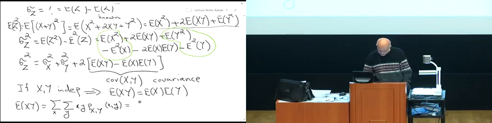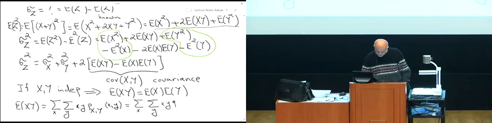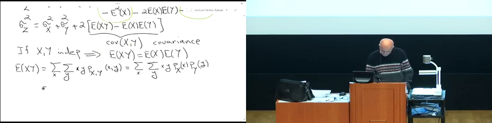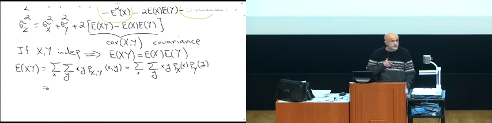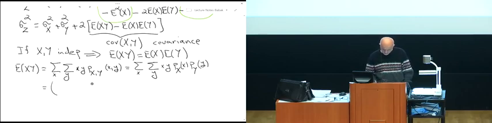If x and y are independent, what can I do to this joint PMF? I can split it. So I have small x, small y, p_X of x, and p_Y of y. And now what? Now this double sum looks pretty good. What can I do with it? Factor it out.